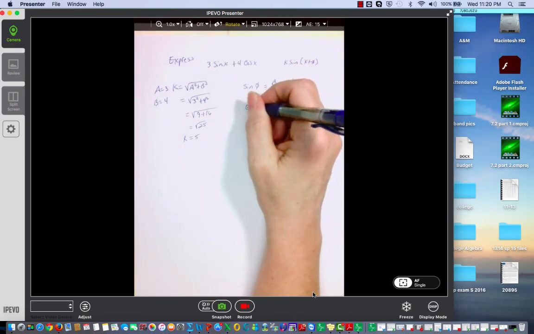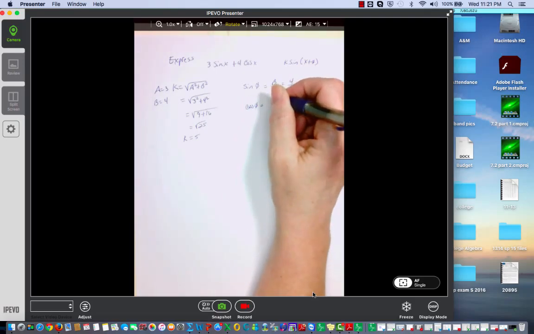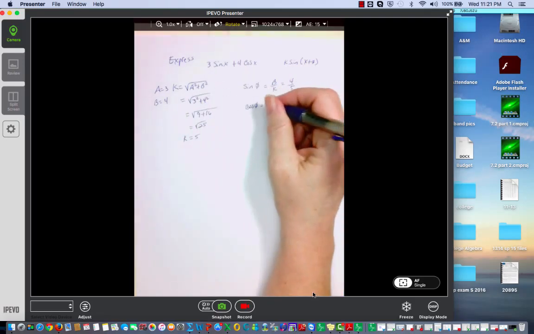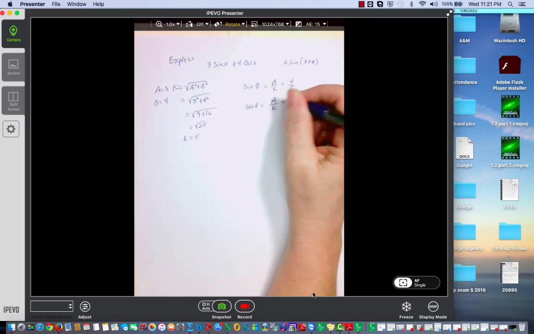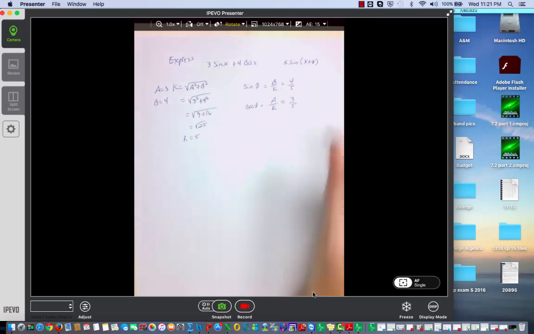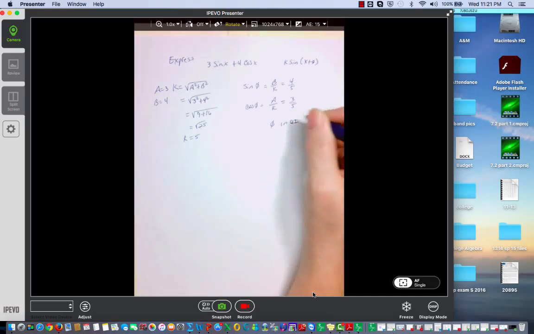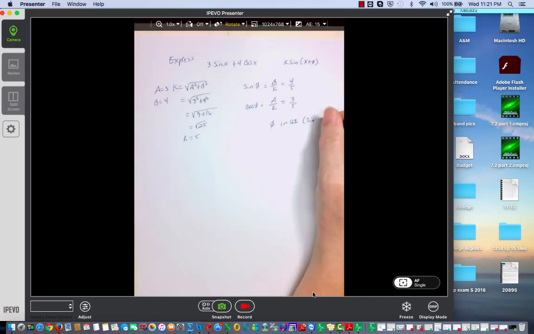And cosine of phi was equal to a over that square root of a squared plus b squared, which is going to be our k, is equal to 3 over 5. So phi will be in quadrant 1, where sine and cosine are both positive.